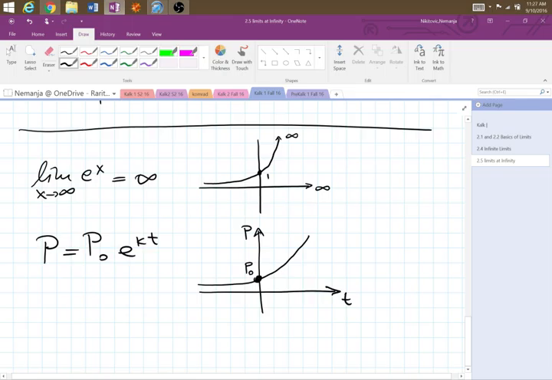Now in our chapter on limits, we say, well, let me see how good this model is. So you say limit as time goes to infinity of P0 e to the kt, and then you say, if I wait infinitely long, I will have infinitely many people, which we know should not be good because our planet has finite surface with finite resources, and we're technically almost there, all right?